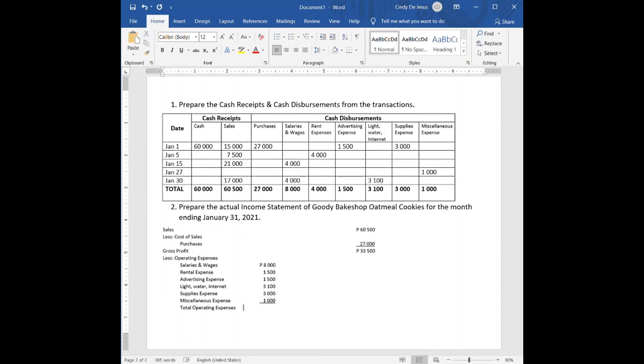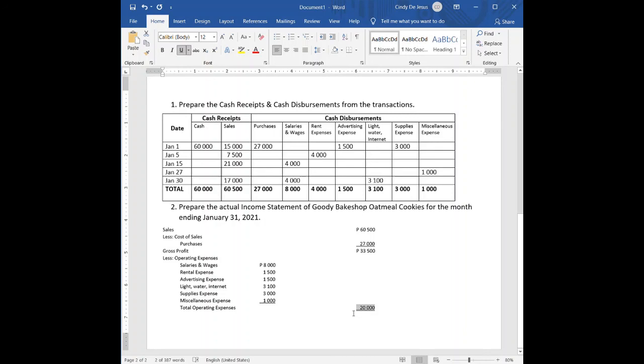With this, you have to align your total here because you're going to minus it. So 20,000. This 33,500, you will still subtract 20,000.